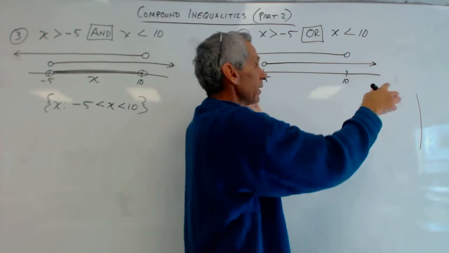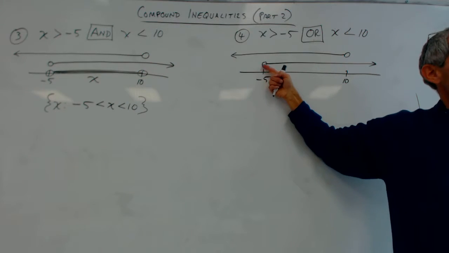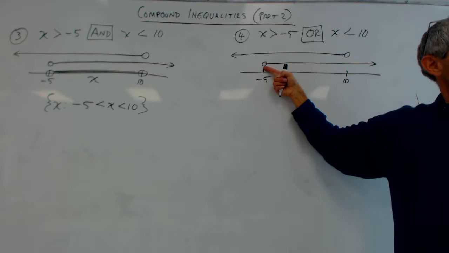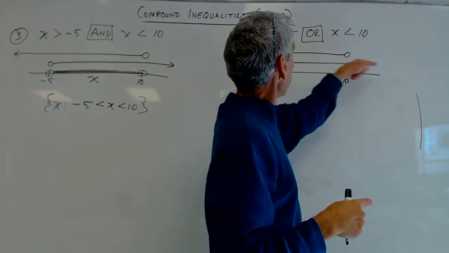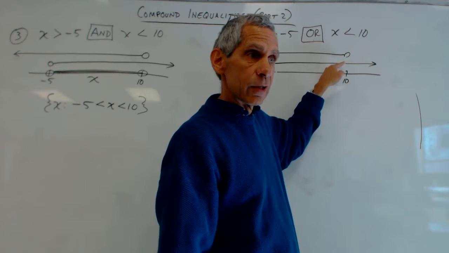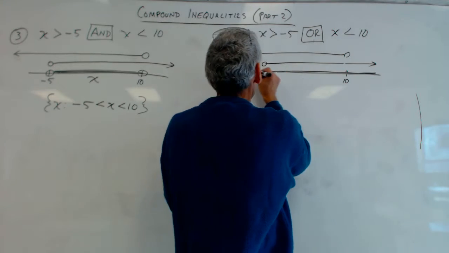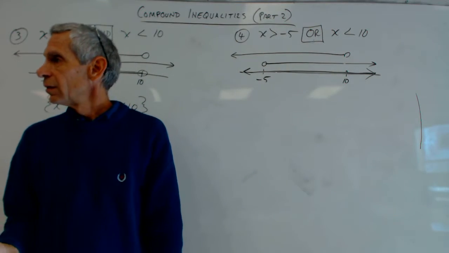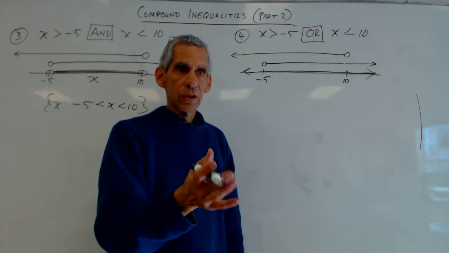This one is going forever that way, and I know there's an open circle here, but this one covers it. It goes right through the open circle. So it's going forever this way, and this one is going forever this way. There's an open circle there, but this line covers it. So the whole thing would look like one big line with an arrow going in both directions. That's pretty good. Does that make sense?